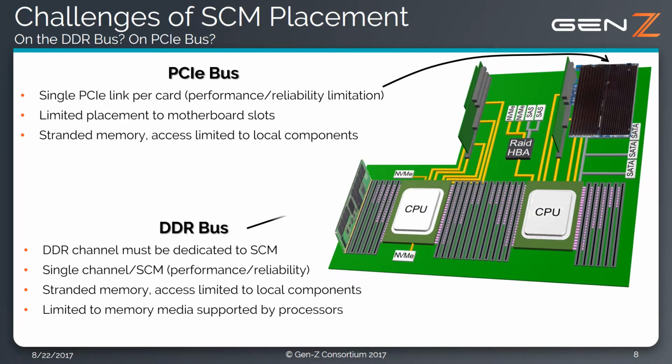Another possibility is to place the storage class memory on the processor's DDR memory channel in one of the DIMM slots, as shown in the illustration to the right. Persistent memory DIMMs are commonly called NVDIMMs, short for non-volatile DIMMs. One class of NVDIMM uses DRAM memory that is backed up to flash memory if power is lost or the system is shut down.